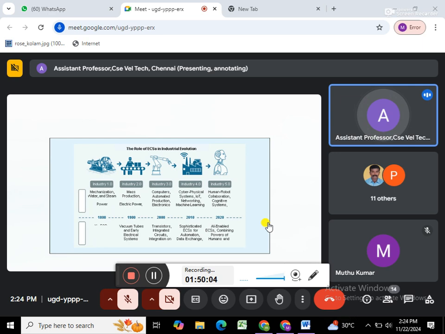So the growth pattern changed during the period of 3.0. So it is not right to assume that there will be a downfall whenever technology is emerging. That is not a right assumption. What you have to think about is how we can use this technology to manage the different requirements.